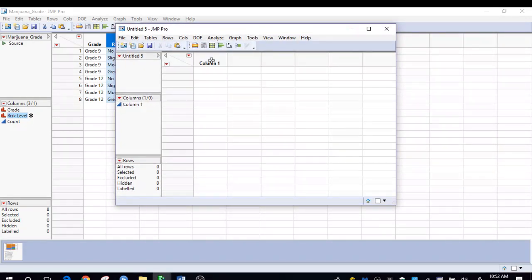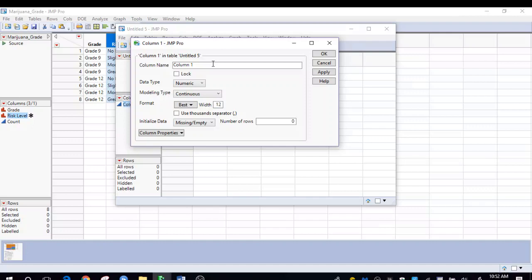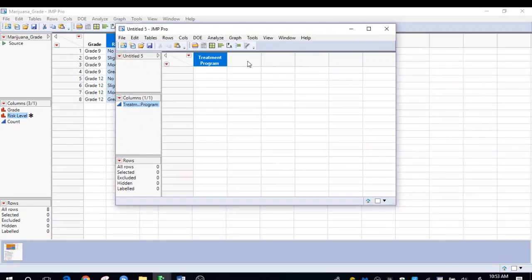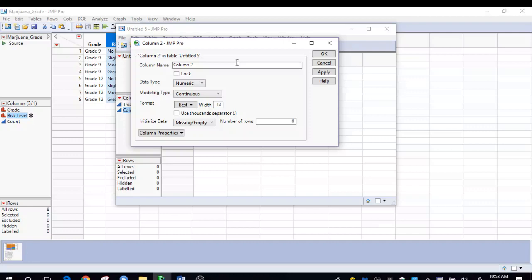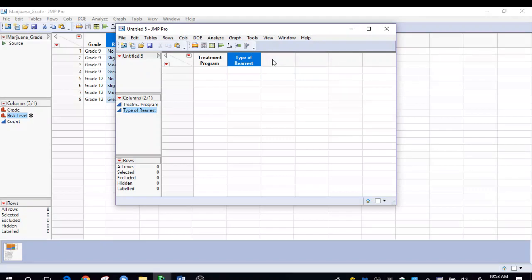I'm going to have a column for the treatment program. This is data from the state of Minnesota on the sexual treatment program, which we looked at earlier. And this will be the type of rearrest, and then we'll have a count variable as well.